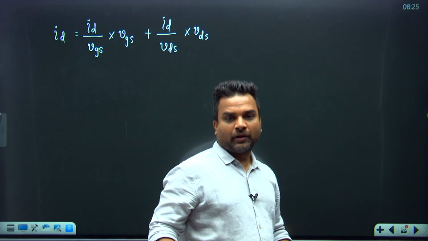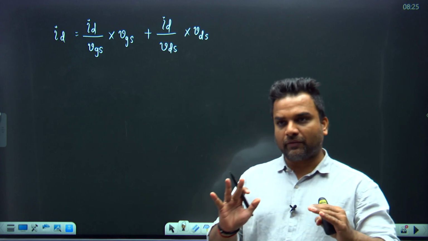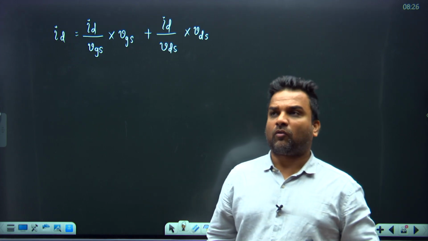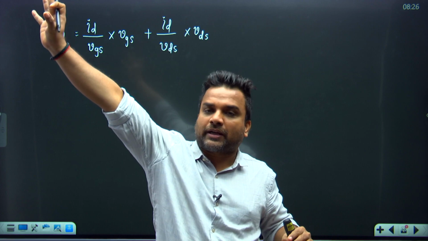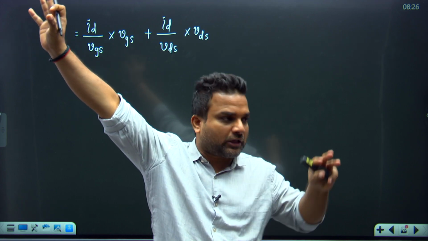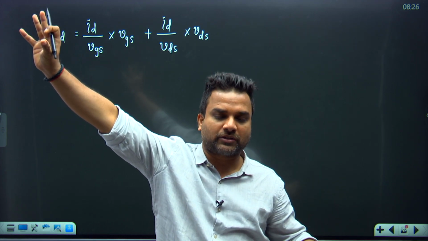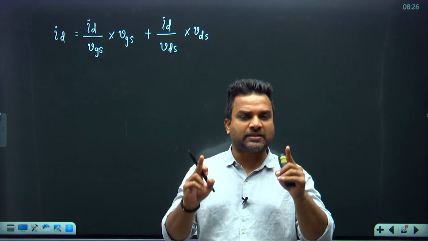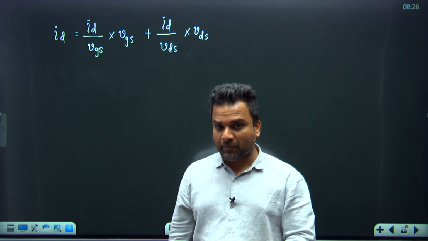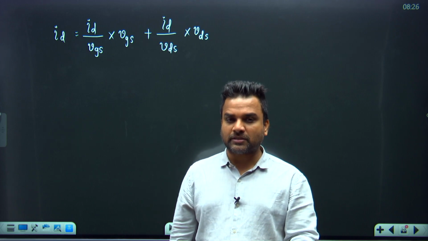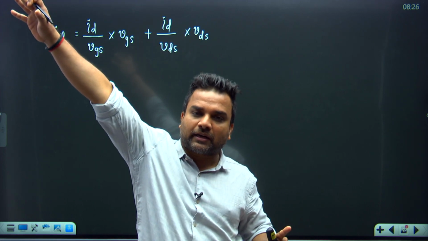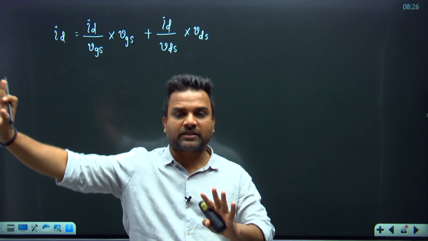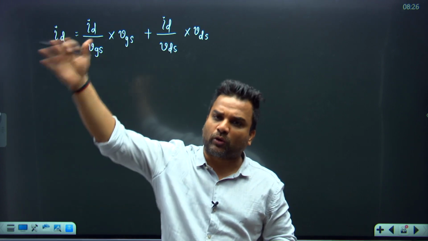Now this is the expression. Whenever you take the ratio, that means how the current at the output is changing with respect to changes in the input voltage, it is always current by voltage, which is transconductance. Remember, transconductance: output is the current, input is the voltage, not the same side parameters like output current and output voltage.